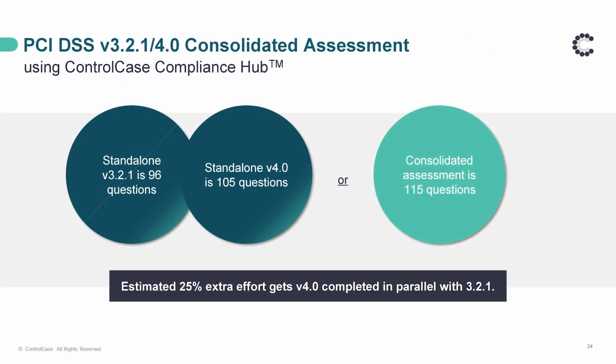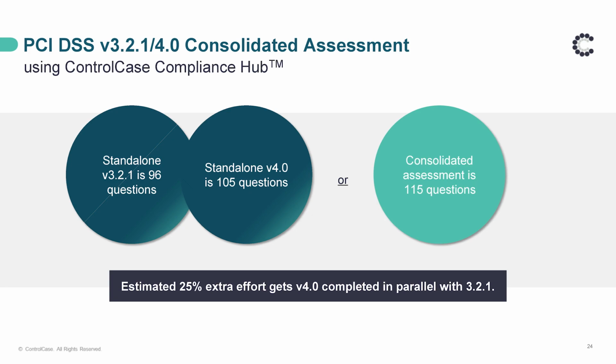In total, what you are seeing over here is when we do an assessment with version 3.2.1, we have a set of 96 questions. When we would do an assessment for version 4.0, we have 100 to 105 questions.